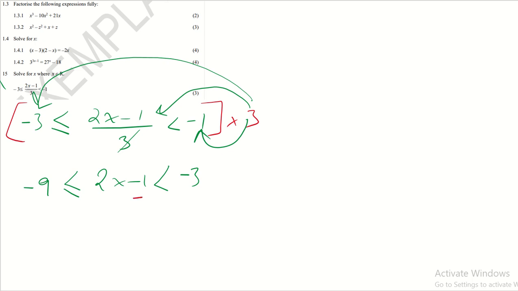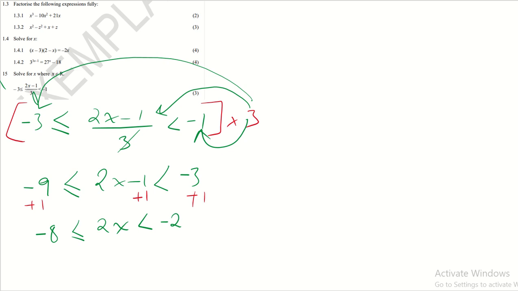I want to say plus 1, plus 1, and also here plus 1. It's done on the left, must be done on the right. So -9 plus 1 is -8 less than or equal to 2x less than 1 minus... -1 plus 1 is 0. -3 plus 1, it's -2.